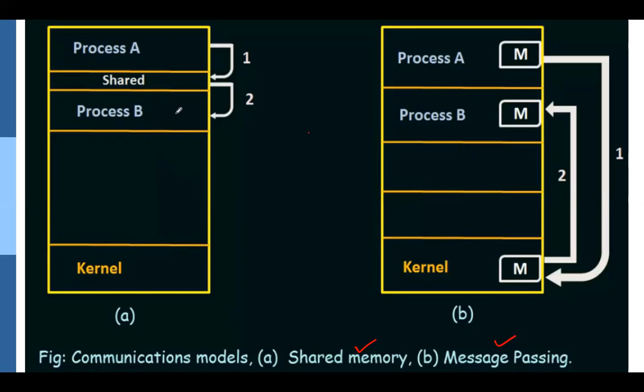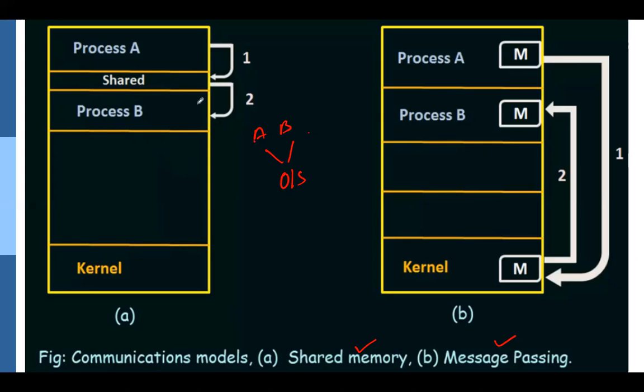But actually what will happen is the operating system tries to give separate, non-overlapping address space to the processes. But in the shared memory concept, these two processes agree on some sort of agreement, and both process A and process B request the operating system that they want some overlapping address space.